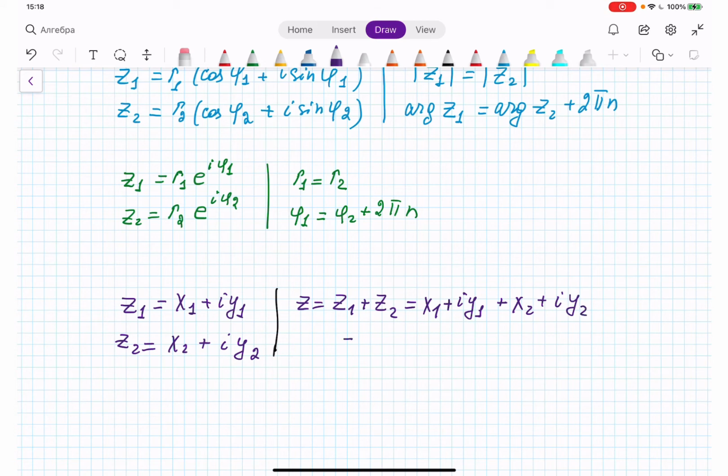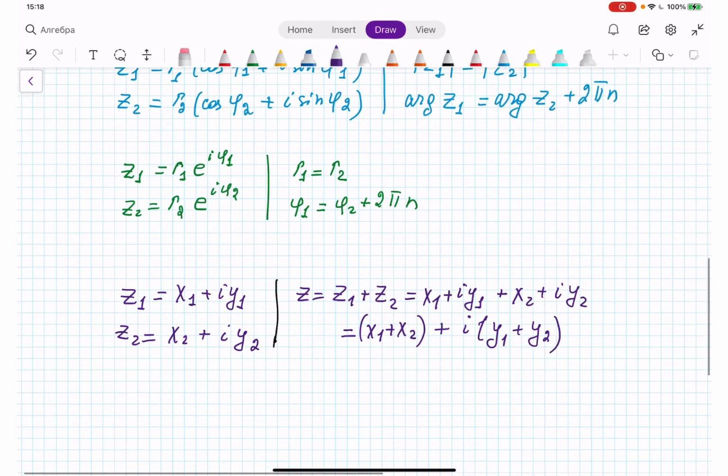This is going to be equal to x1 plus x2, so the real numbers we are adding together, and taking the common factor as the imaginary number, i times (y1 plus y2).